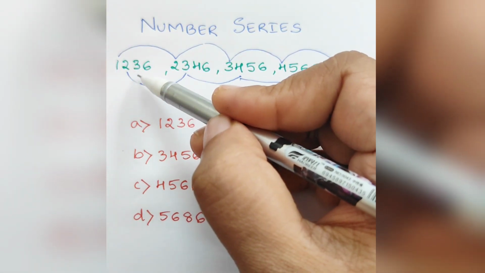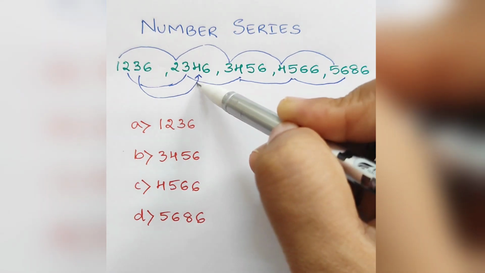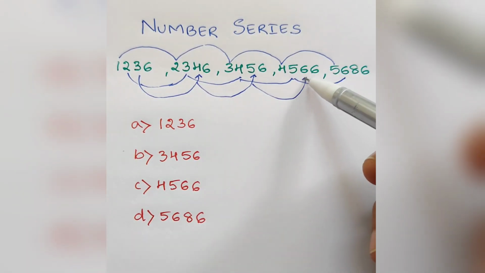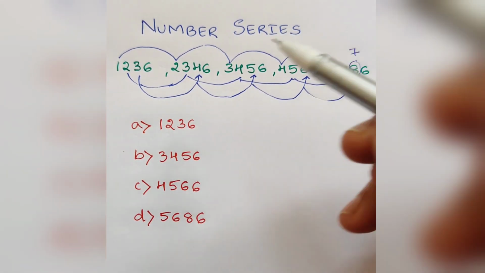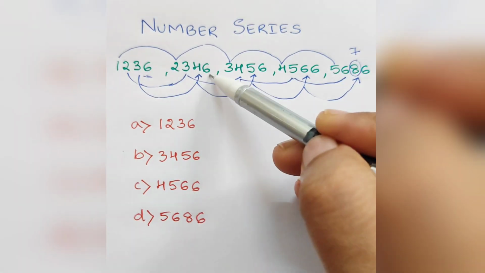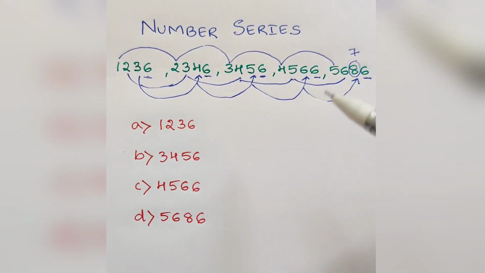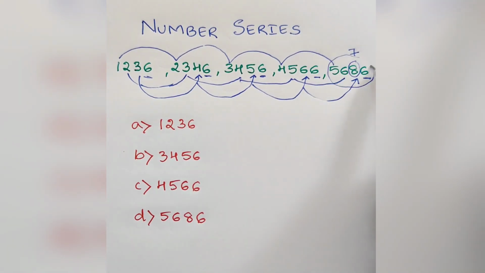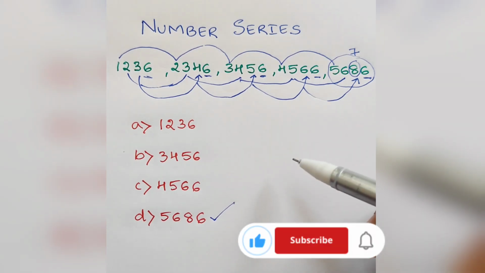The third digit is 3, 4, 5, 6. Here it should have been 7. Fourth digit remains same. So we can say that 5686 is the wrong number. So option D, 5686.